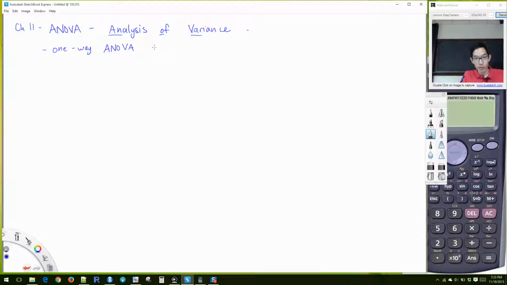One-way ANOVA is the simplest form of ANOVA, and there are other versions of ANOVA. I shouldn't say versions, but we can extend ANOVA to make it more complicated.